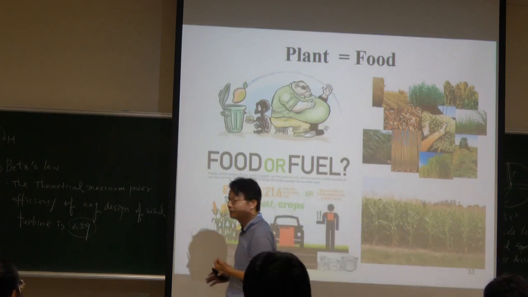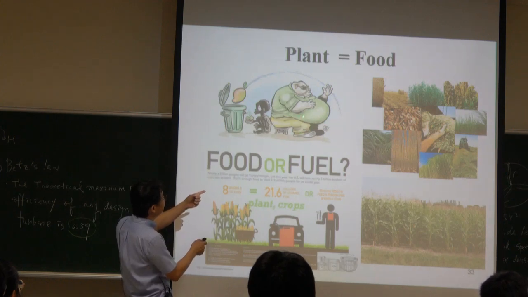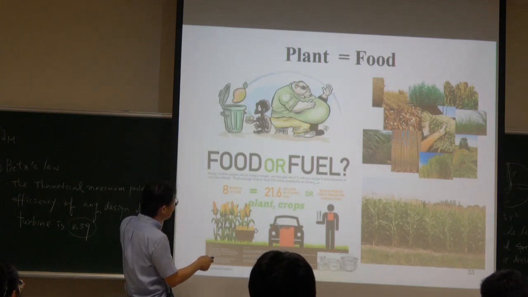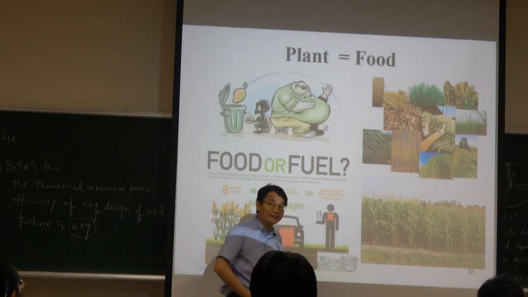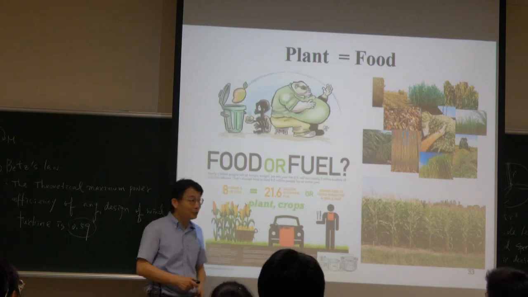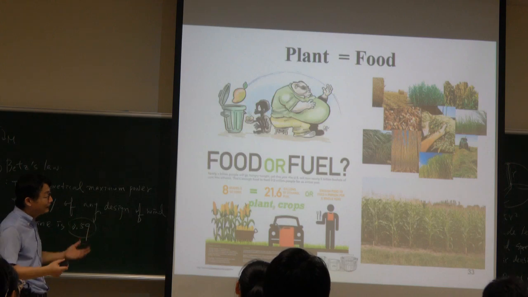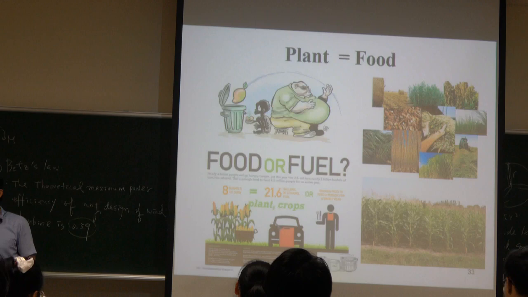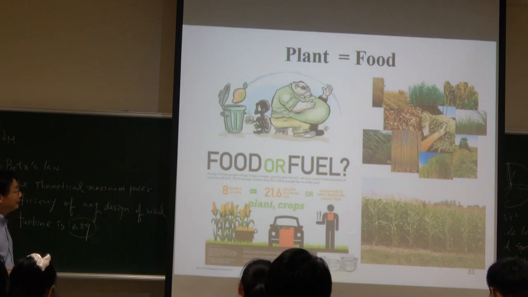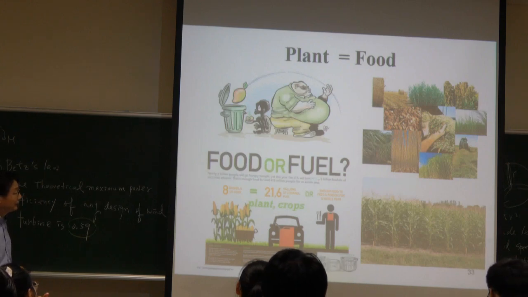If we use the fuels from the plants, it means less area can be used to produce food. That means people still suffer from hunger. So here is also one of the debate issues that we still need to take into consideration.